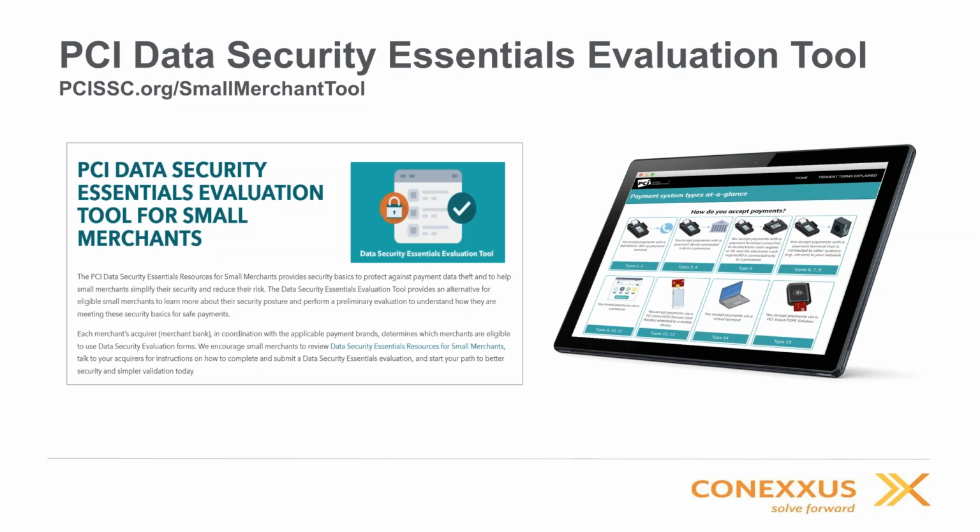So they review a high-level diagram for how they accept payments, and then they select one. And then from there, they'll select more detailed diagram on how their payment method actually works. And then they can download that related evaluation form. So for petroleum merchants, one thing to note is that point-of-sale systems that also accept payments at the fuel dispensers do require self-assessment questionnaire D.